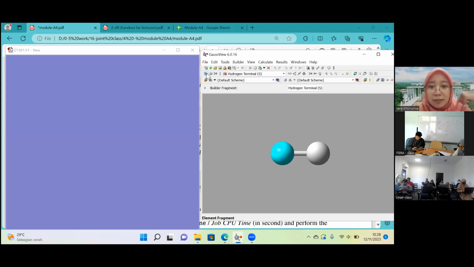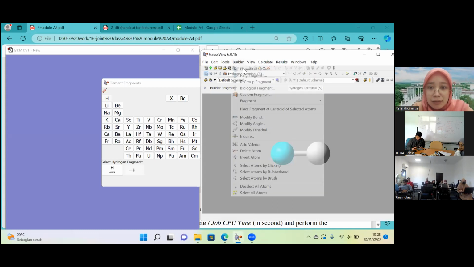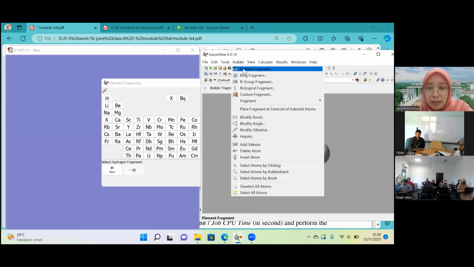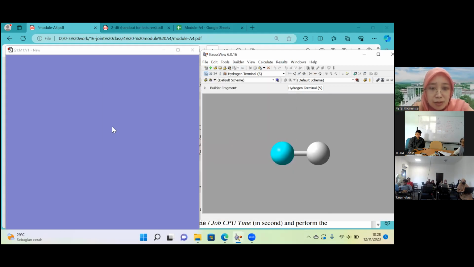First, I will place hydrogens here. You can click in this element or in here, element fragment, and then hydrogen. Just click here.